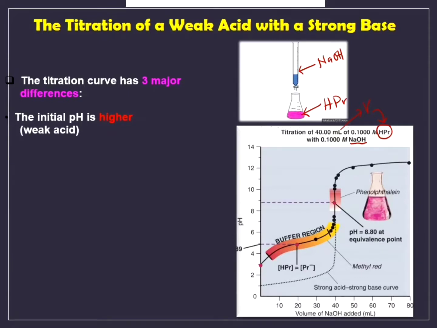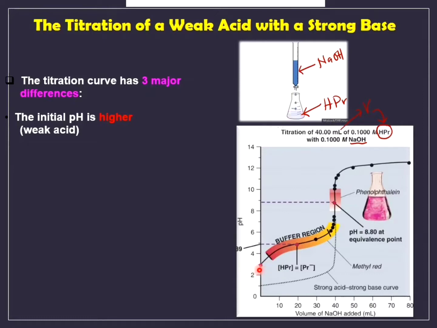So the initial pH is a little bit higher compared to the first titration before this, because before this we used a strong acid. Now we use a weak acid, so it is a little bit higher compared to the strong acid. The strong acid earlier was lower down here, and this one is a bit higher, but it is still less than 7.